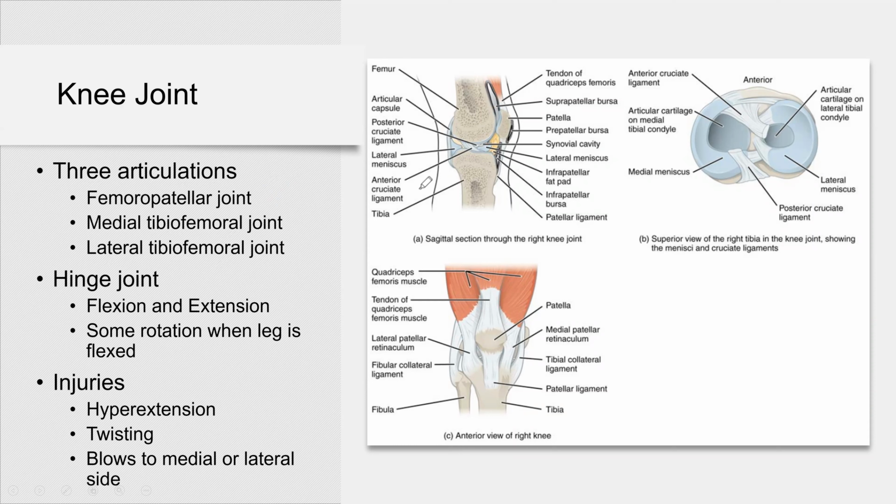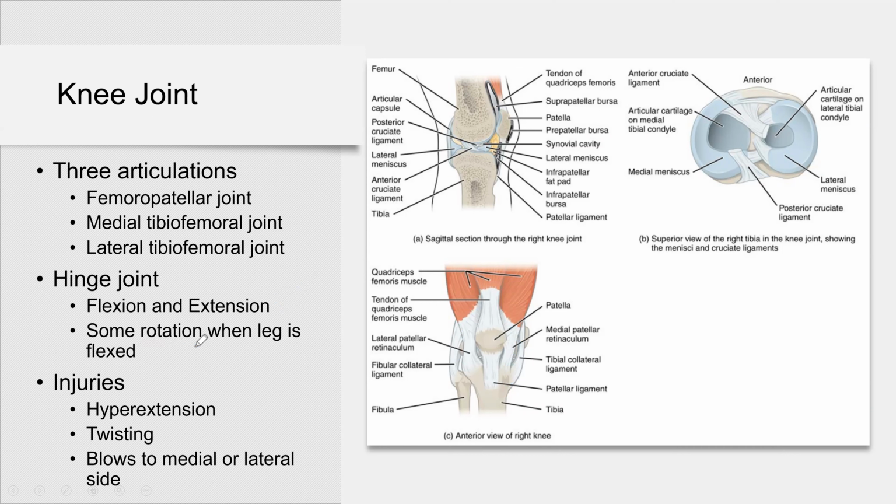And if you remember, tibia has a lateral condyle and medial condyle, and femur has a lateral condyle and medial condyle. So we have this articulation between condyles of the femur and tibia. So that's a hinge joint, allowing for flexion and extension and some rotation when the leg is flexed.